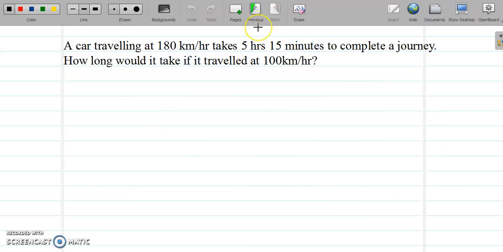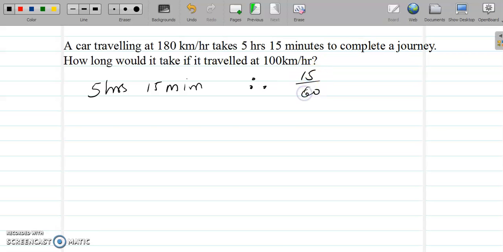Now quickly we can solve this also. Say that a car traveling at 180 kilometers per hour takes 5 hours 15 minutes to complete a journey. I'll convert this 15 minutes to hour by dividing it by 60.